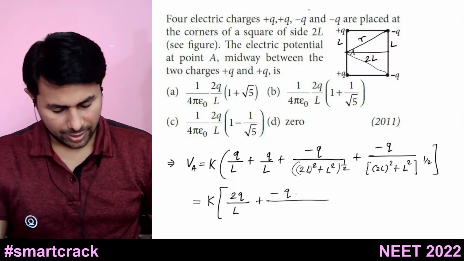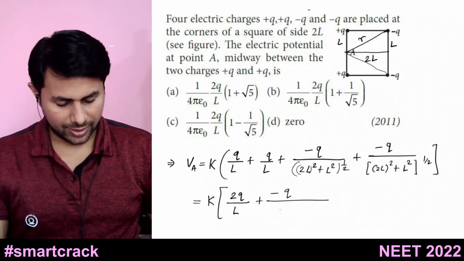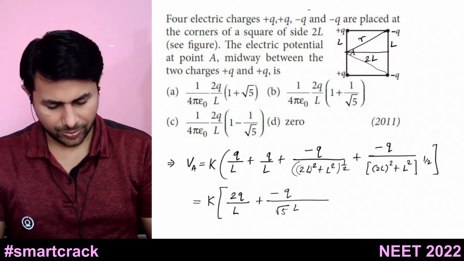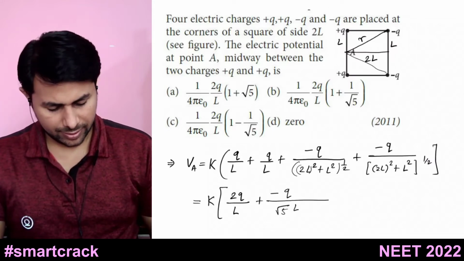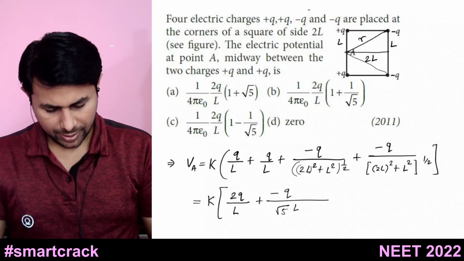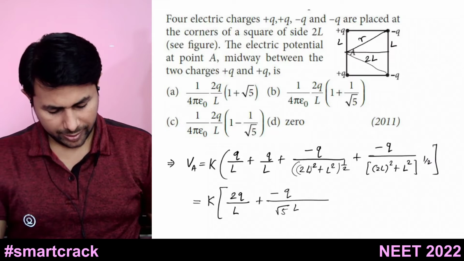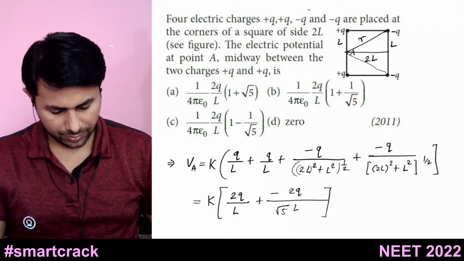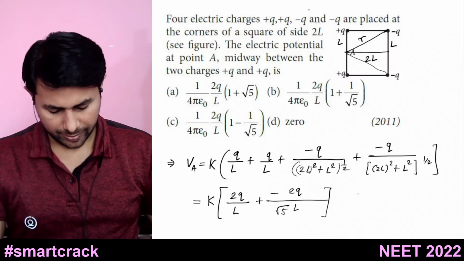So it is root 5 l, this is also root 5 l, so if we add this thing also, here it will be minus 2q.